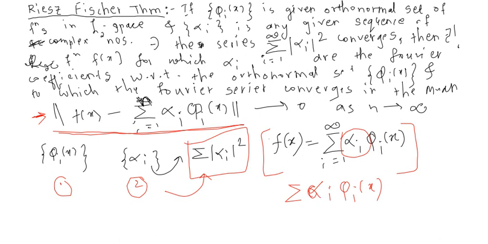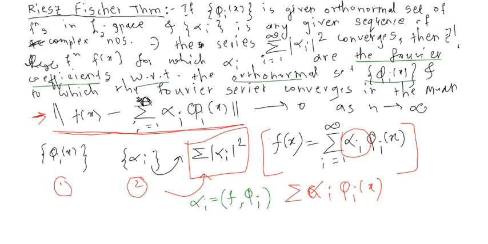Okay, that means these alpha i's become exactly of this form. They are the Fourier coefficients. So it will be equal to the inner product of f with phi i. And therefore it is said here that they are the Fourier coefficients with respect to the orthonormal set phi i of x.